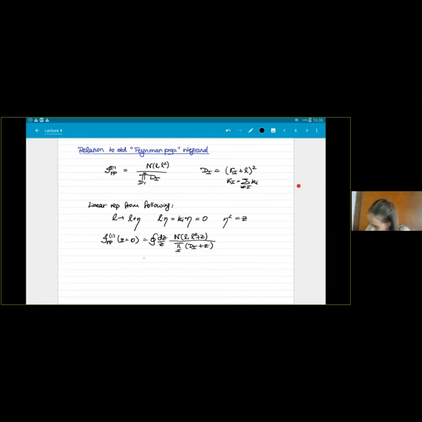Now, it's straightforward to apply the residue theorem here. So we just find a minus sum over i equals 1 to m, where this runs up to m here.